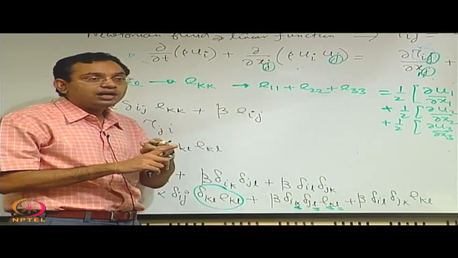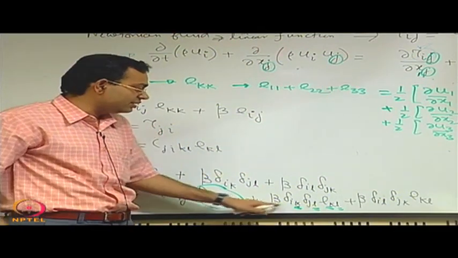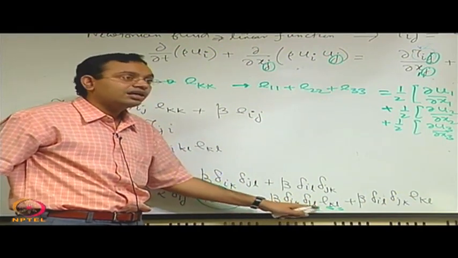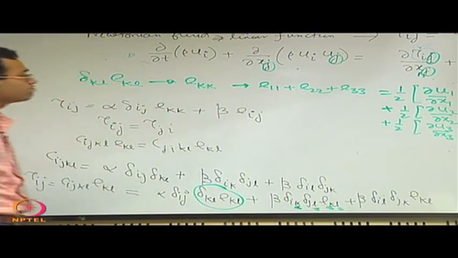You are trying to find out those values of k and l for which this term is not 0, and that is only k equal to i and l equal to j.